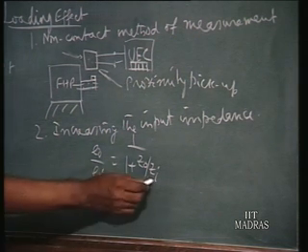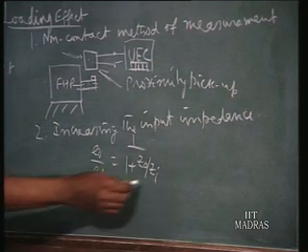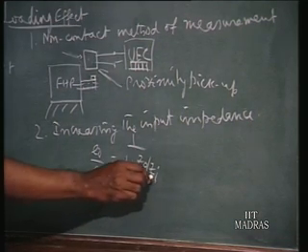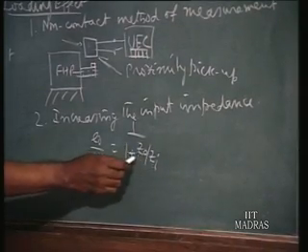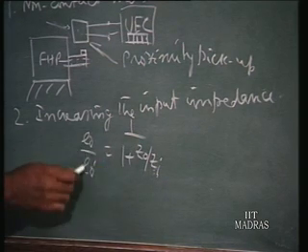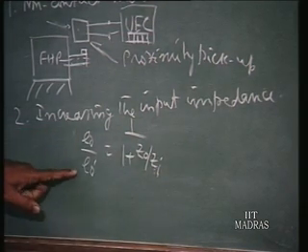When the input impedance is very large, that is, the voltmeter which we are bringing in to measure the voltage is made up of large resistance or impedance, then ZO by ZI will be negligible, because ZI is much larger than ZO. Then EO by EO dash will become 1. That is, EO will approach EO dash.